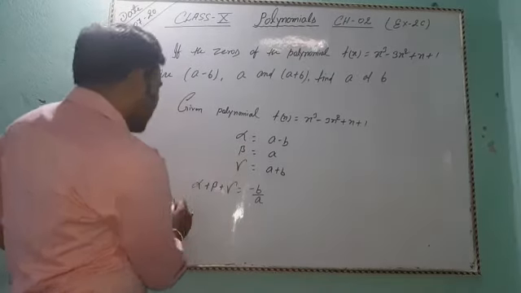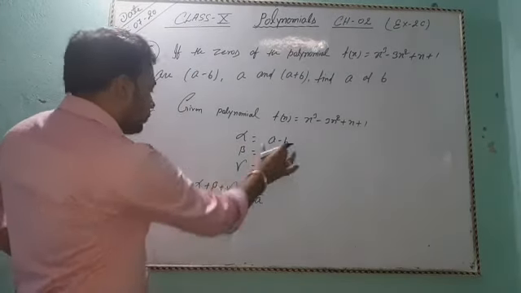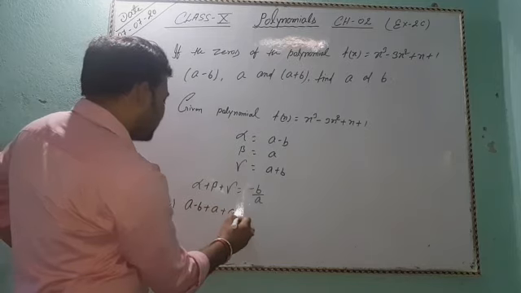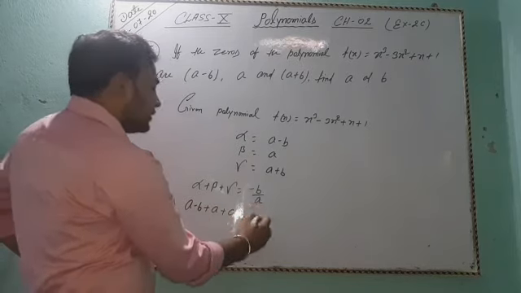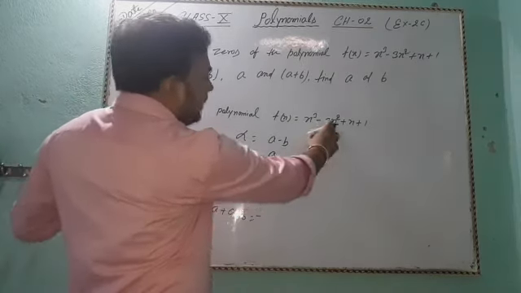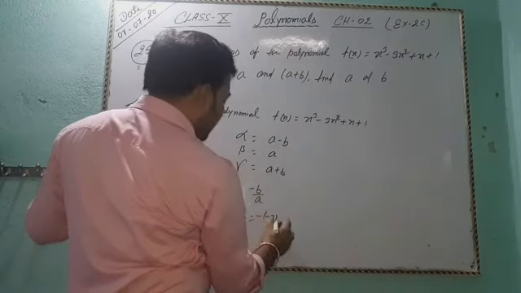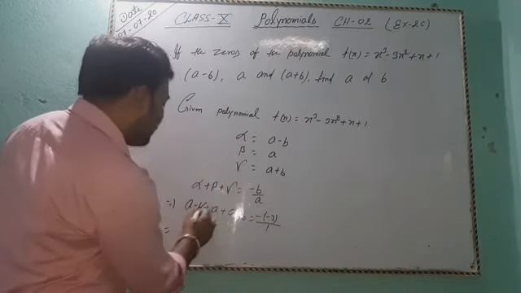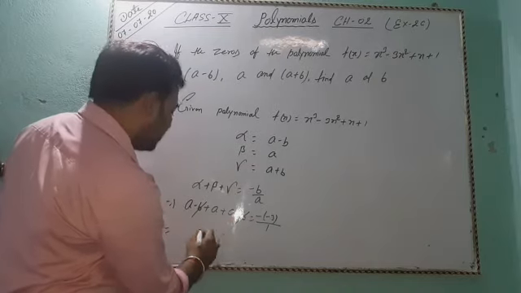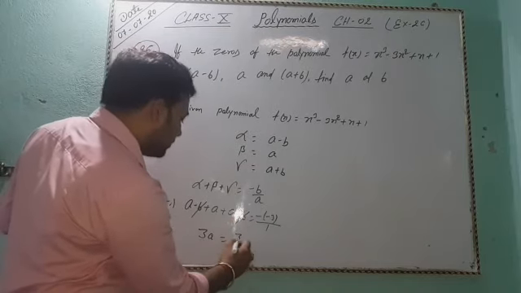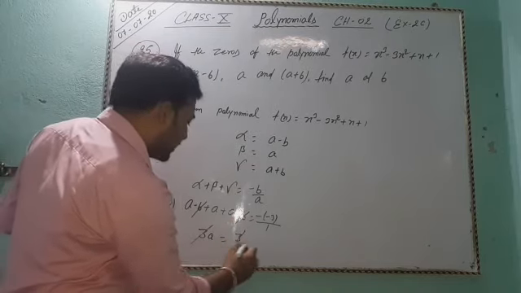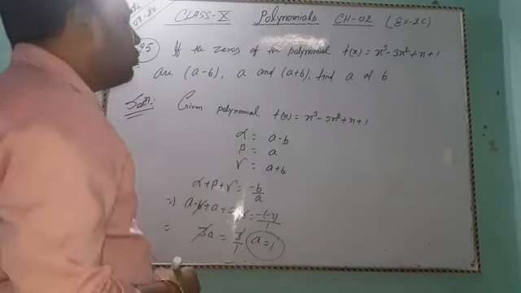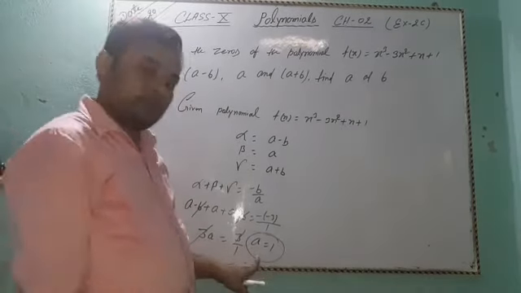So put the value of alpha equal to a minus b plus a plus a plus b equal to minus, and b is the coefficient of x square, this is minus 3, and a is the coefficient of x cube equal to 1. So b and b cancel, 3a equal to 3 by 1, 3 is cancel, and a equal to 1. So the value of a equal to 1.